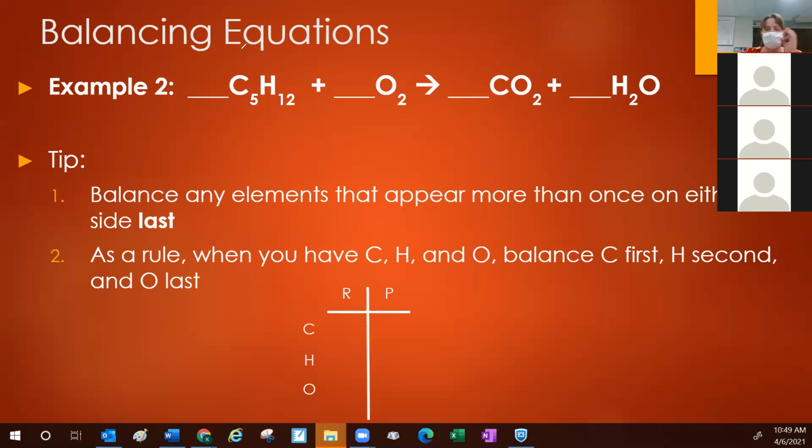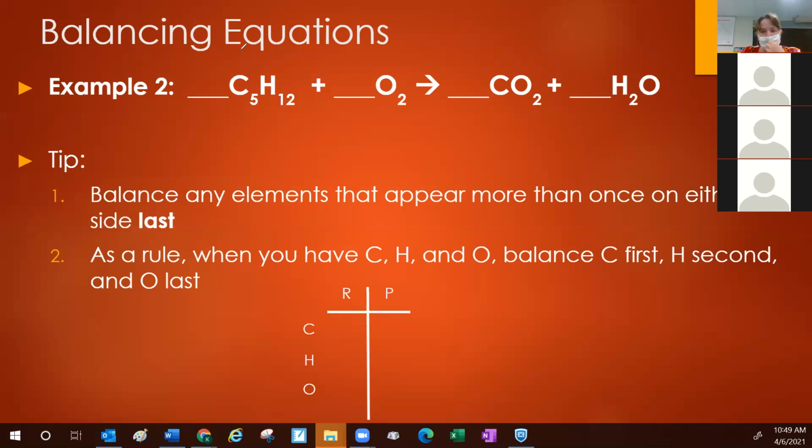I don't know if you remember, but when I taught biology, when we were talking about carbohydrates, lipids, proteins, etc., the saying I gave my kids was CHO, CHO, CHON, and CHONP. The very first part of that, CHO, is carbon, hydrogen, and oxygen.